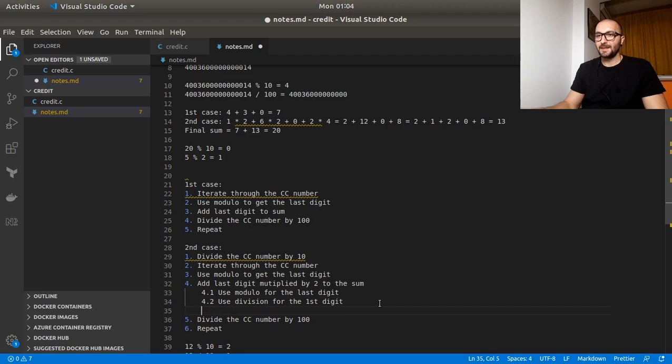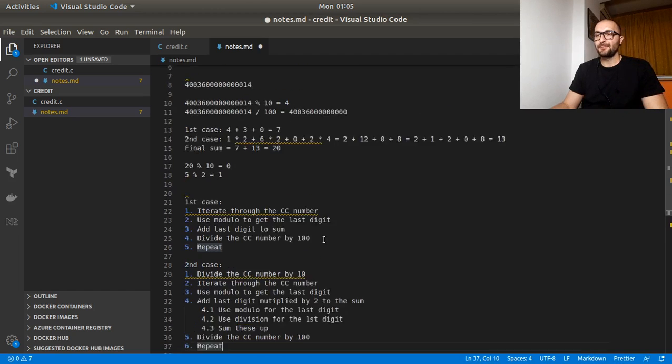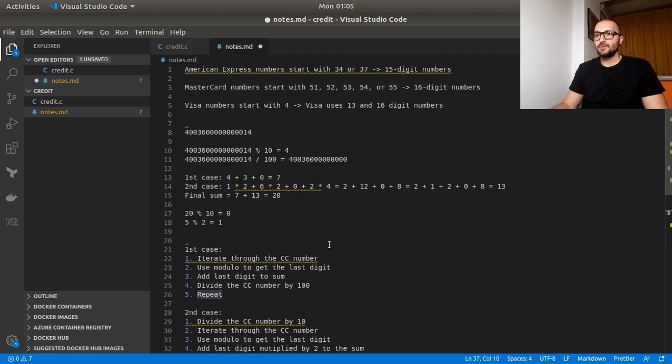Okay, and 4.3, sum these up, and that's it. That's pretty much it. That's the idea here. Then we divide the CC number by 100 to move 2 digits over, and then we repeat. Okay, so this is what we need to do to get started. Then we will do some other things as well, of course, but this is what we need so far.